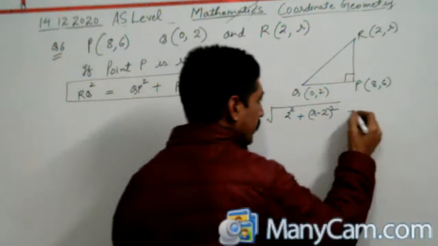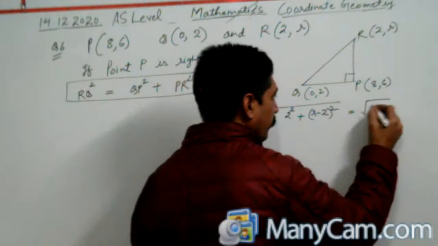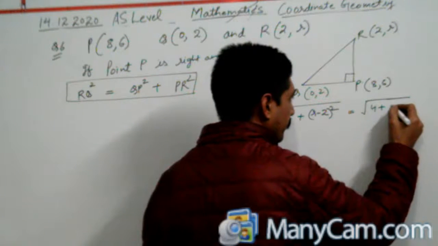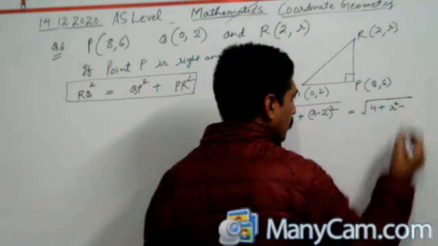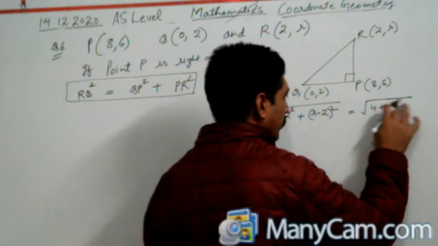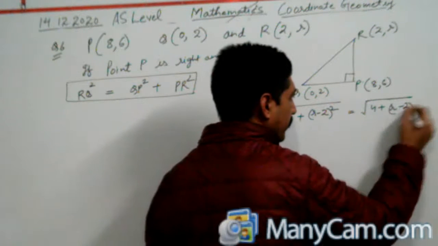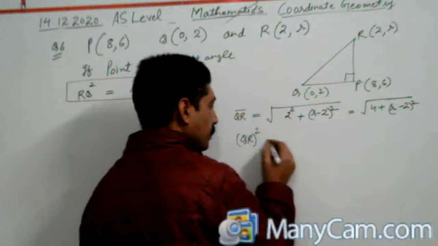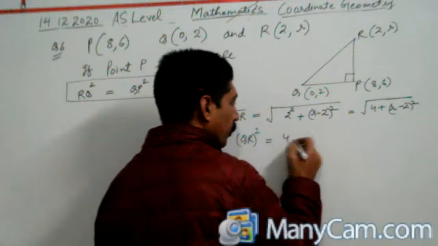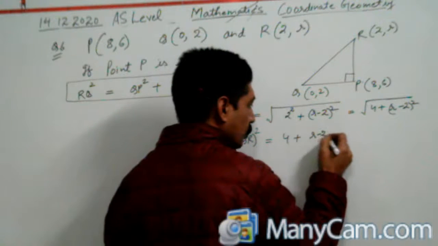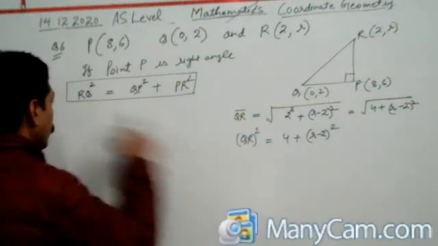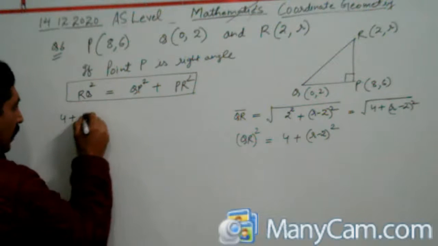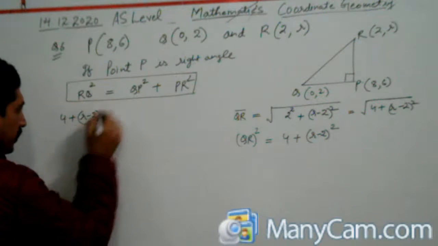So QR whole square here is 4 plus r minus 2 whole square, right? What is RQ whole square here, that is 4 plus r minus 2 whole square.